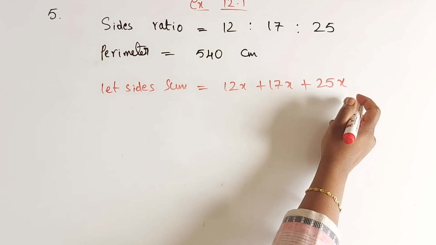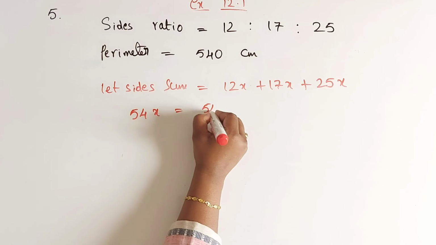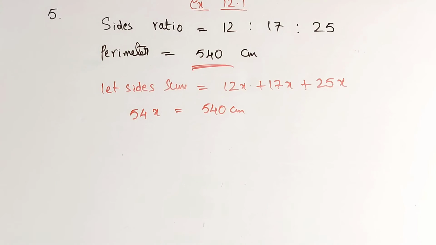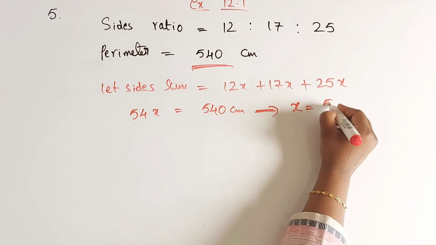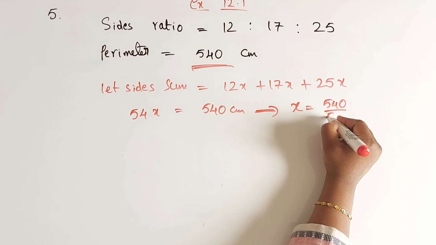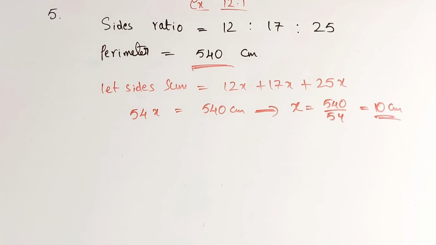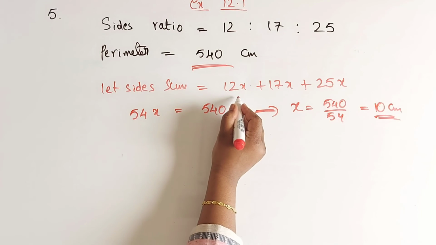12x plus 17x plus 25x means 54x equal to 540 centimeter. Already it is given that perimeter is 540 centimeters. From here x value is 540 divided by 54, that equal to 10 centimeters. So x is 10 means we can find out the sides.